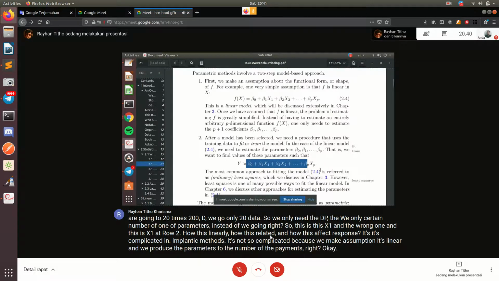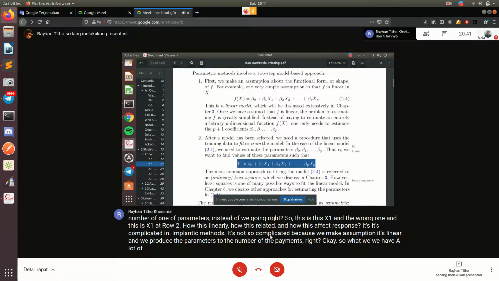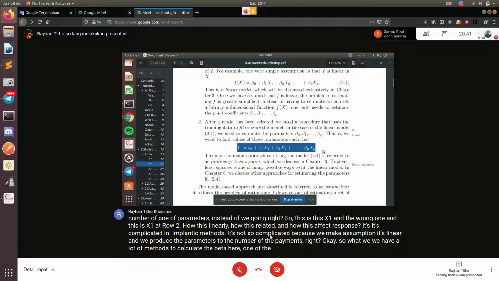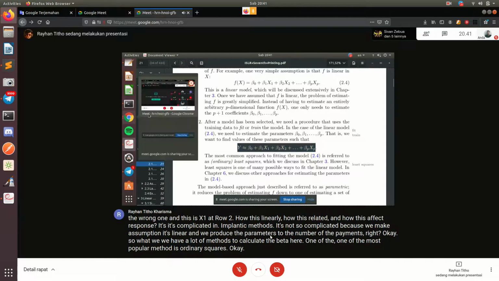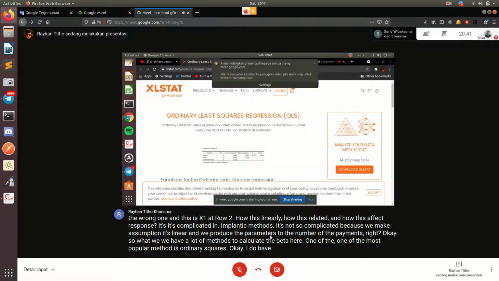We have a lot of methods to calculate the beta. One of the most popular is ordinary least squares.